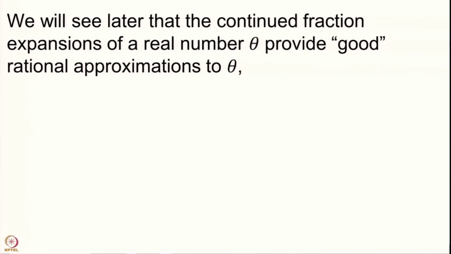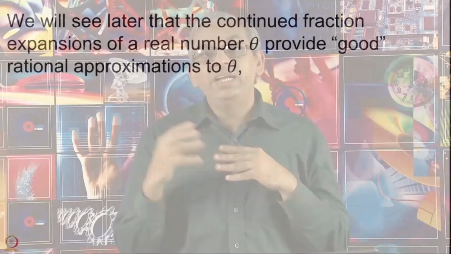This is something that we are going to see, that the continued fraction expansion of a given real number theta will provide good rational approximations. So, I told you in the last lecture that we are interested in finding p by q such that the distance of theta and p by q is less than 1 upon q square. We are not happy with the distance being less than 1 upon q.